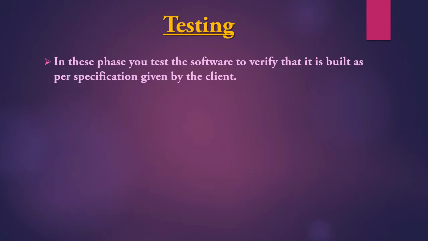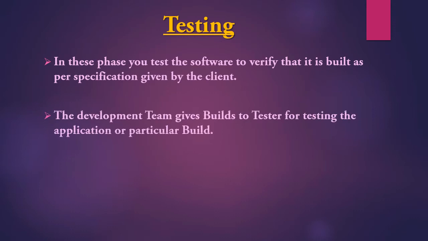If the client wants 4 features, as in the previous example, then after completion of the software, we need to test whether all 4 features are present or not, and whether they will be working according to the requirement or not. That we have to test.